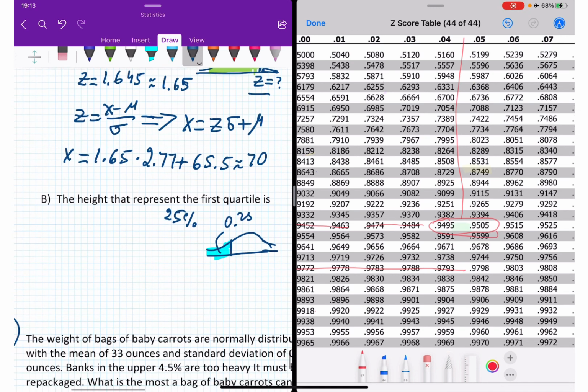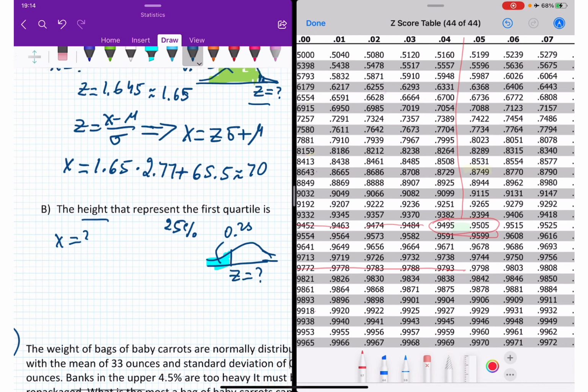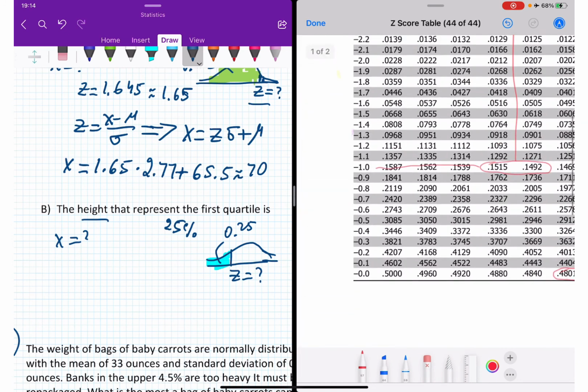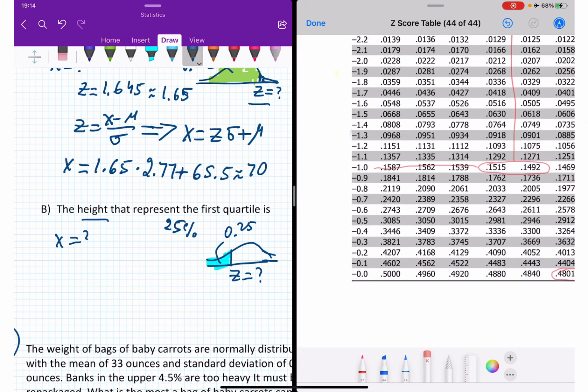So we need to find x, the height. That means x is equal question mark. So first we need to find z-score. So 0.25, where we are going to look at where negative z-score is, right?